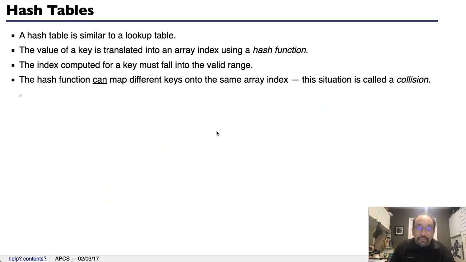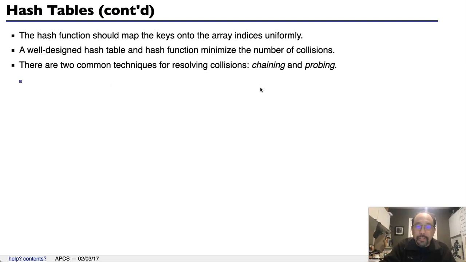Now, that hash function can end up mapping different keys to the same array index. And in that case, we have what's called a collision, and we'll talk about how we deal with that situation. Now, to make a good hash function, you want your keys to be mapped uniformly to the indexes. So you kind of want it to be random, but it's not random.